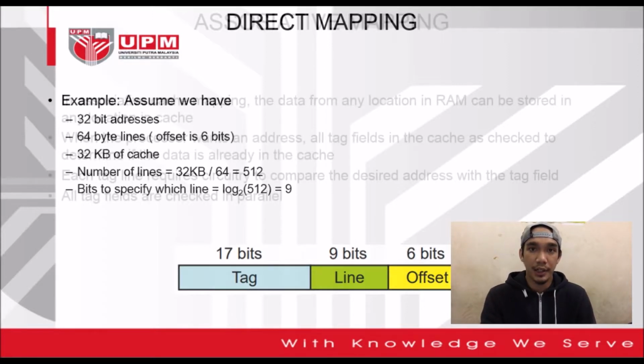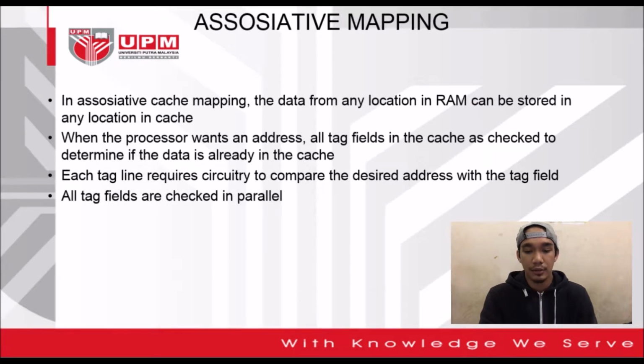Okay, next is the associative mapping. Associative mapping overcomes the disadvantage of direct mapping by permitting each main memory block to be loaded into any line of the cache. In this case, the cache control logic interprets a memory address simply as a tag and a word or offset field only, meaning that associative mapping only has tag and word.